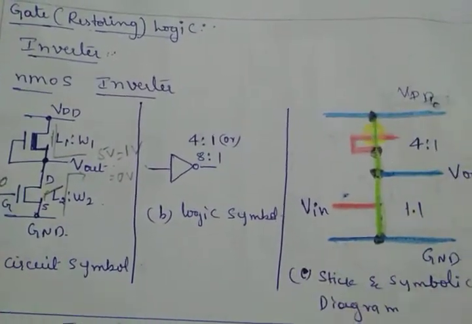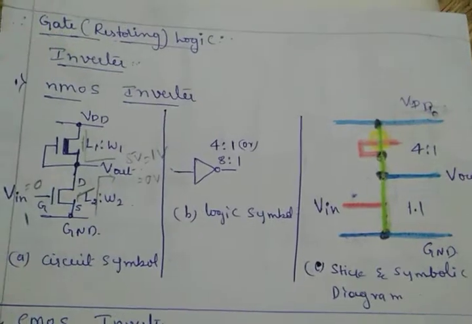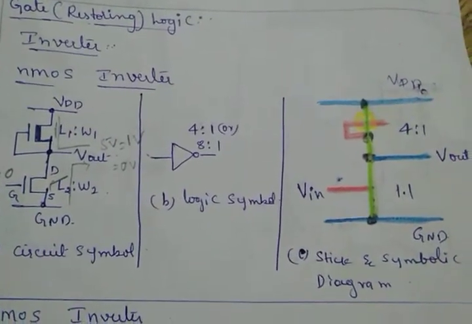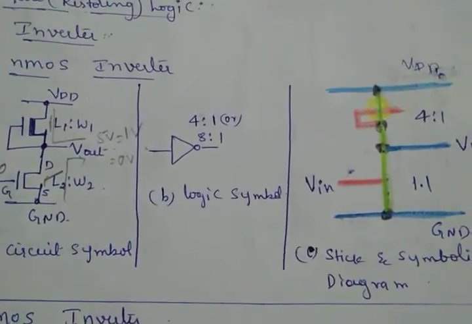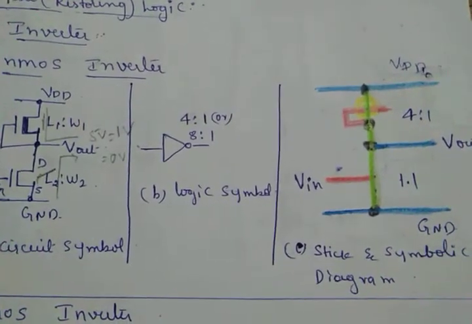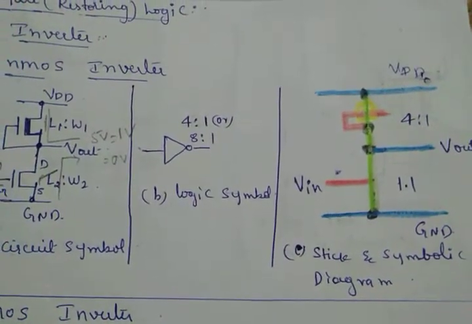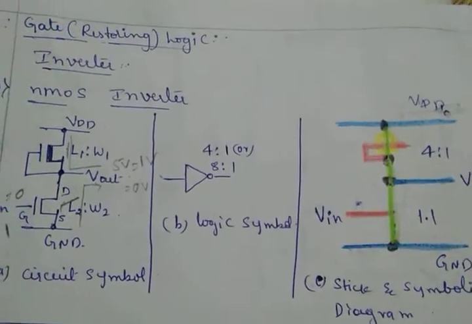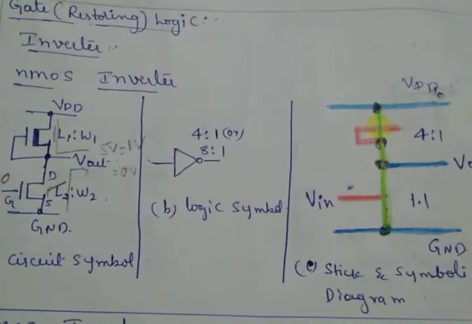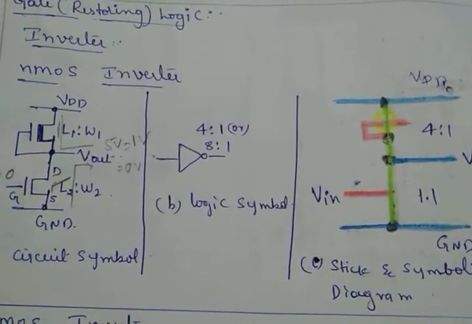But then also we will get the exact 5 volts. The remaining 0.3 volts or 0.2 volts are restored in the output. That's why this is also called restoring logic.